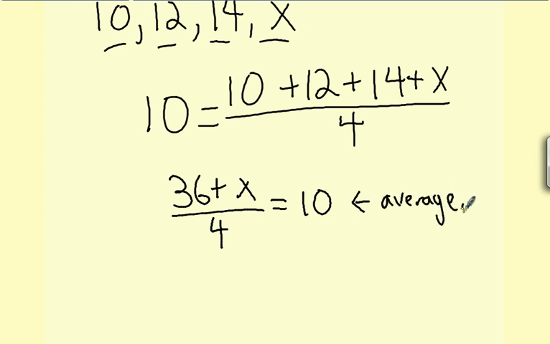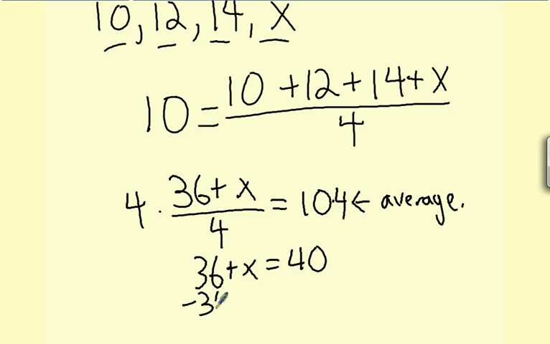Alright, well, how do you solve for x? Well, first you multiply both sides by 4, and that gives you 36 plus x equals 40. Alright, so what number plus 36 equals 40? Subtract 36 on both sides, and you get x equals 4. And so let's double check that.